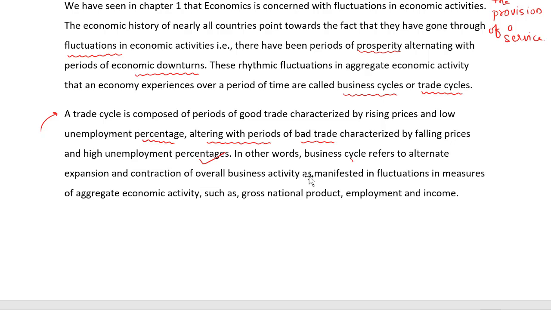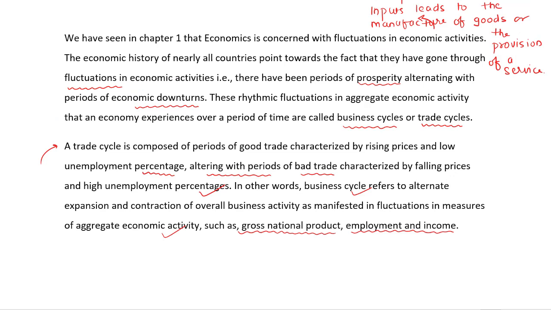In other words, business cycles refer to alternate expansion and contraction of overall business activity as manifested in fluctuations in measures of aggregate economic activity such as gross national product, employment and income.